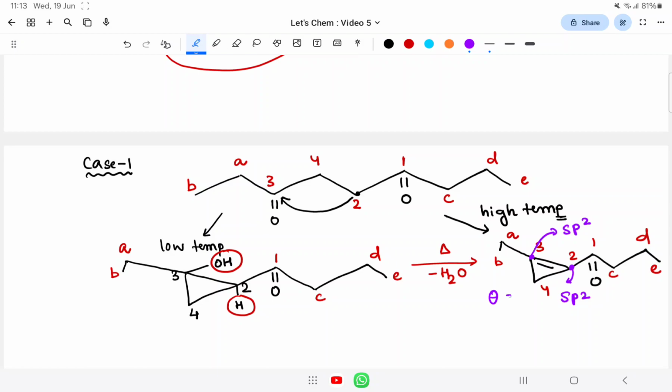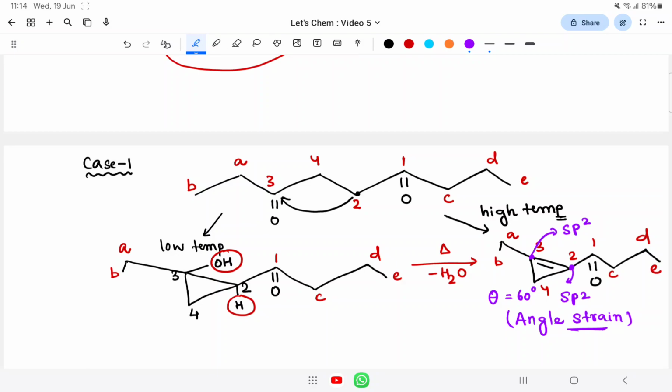So theta is going to be 60 degrees here, so there will be a condition of angle strain at high temperature. Angle strain is there at low temperature as well, but because of the change in hybridization, as you can see here and here, that is going to be a calculative factor.